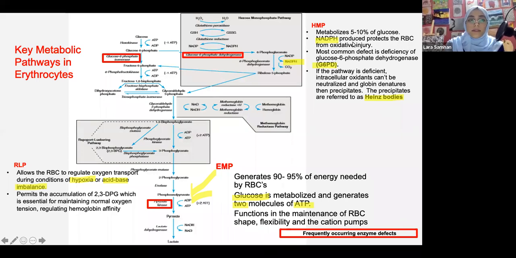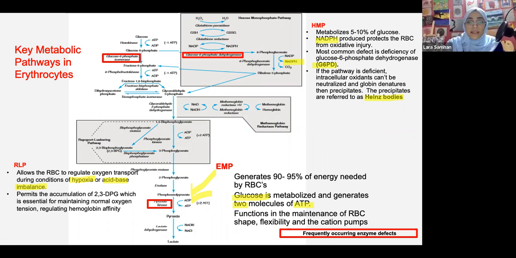This is in regards to the first pathway of the erythrocyte. The second pathway is the EMP. EMP is the same as anaerobic glycolysis. It starts with glucose and ends up with 2 ATP molecules and 2 lactate. This is very important. Why?